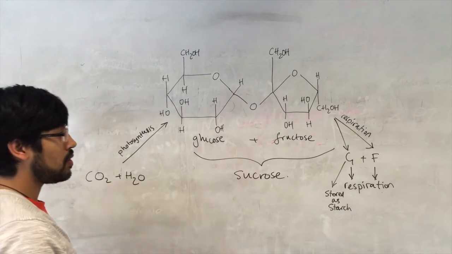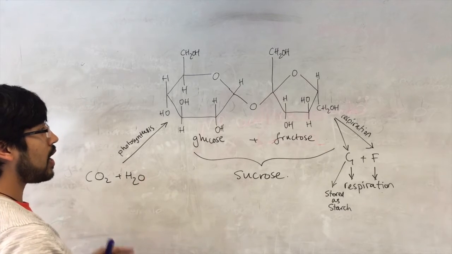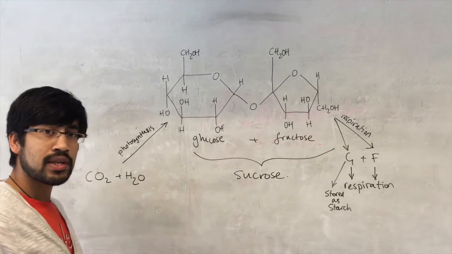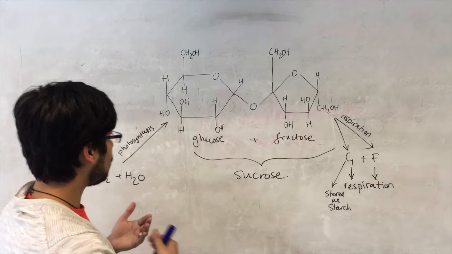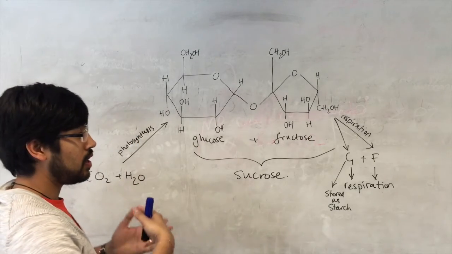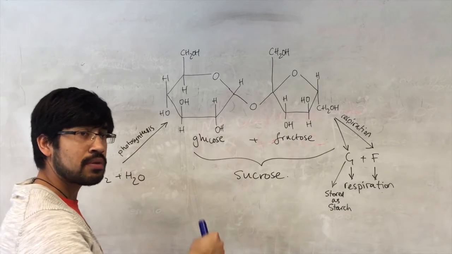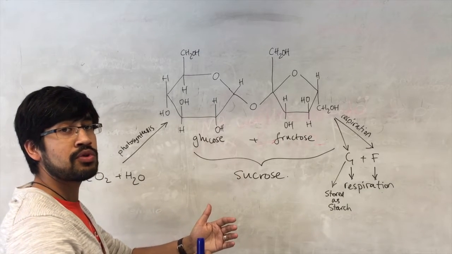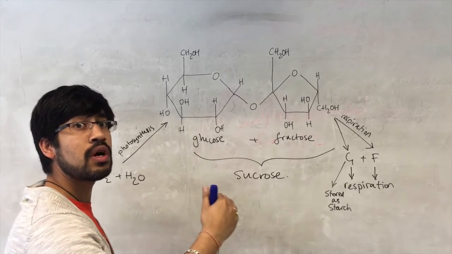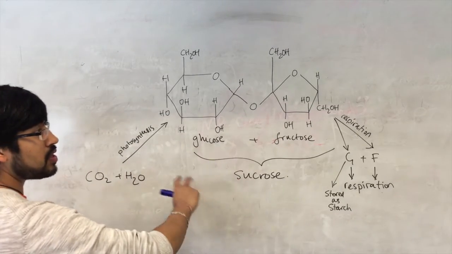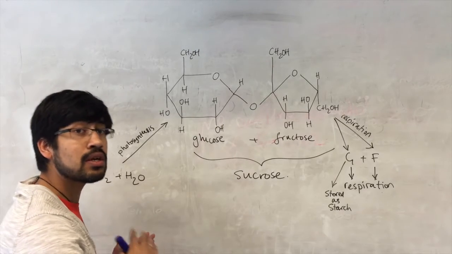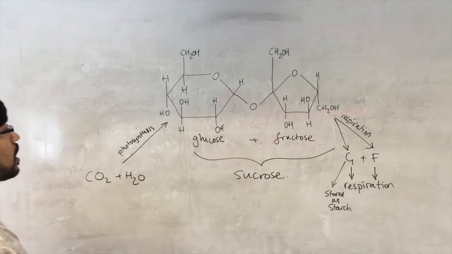Now, in the background, when plants are photosynthesizing, you know the equation, carbon dioxide plus water with the use of energy gives you glucose plus oxygen. Fructose is also another intermediate as part of that reaction.